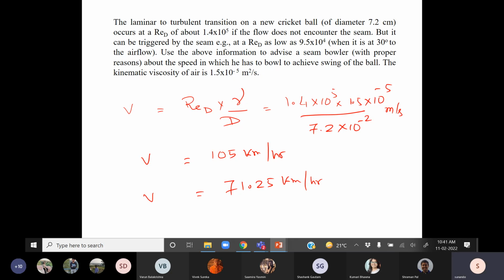You need to create a condition in which it is going to be turbulent on one side and laminar on the other side. That will only happen when the velocity is within this range, which would be laminar on one side and turbulent on the other side.